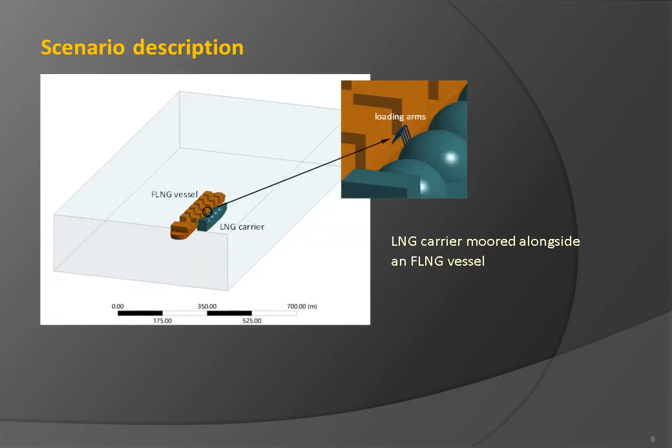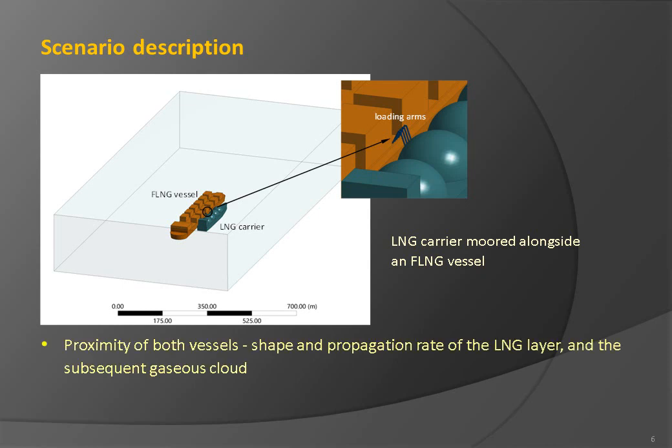In the analyzed scenarios, an LNG carrier is moored alongside an FLNG vessel. The figure shows a general layout of the vessels, their size, and the location of the loading arms. Proximity of both vessels importantly determines the shape and the propagation rate of the LNG layer and the subsequent form of the gaseous cloud.